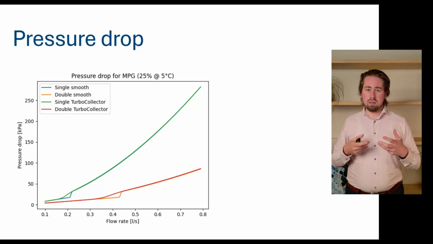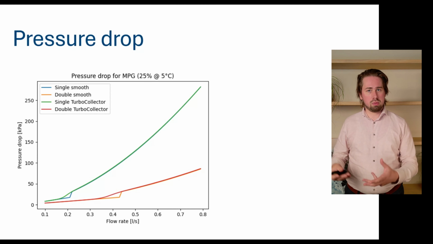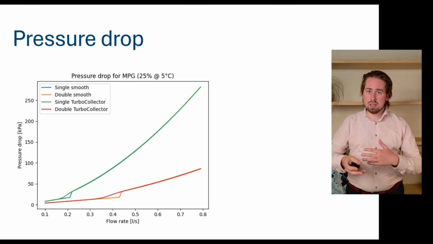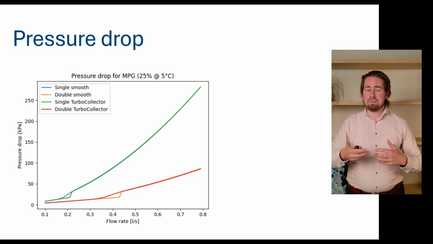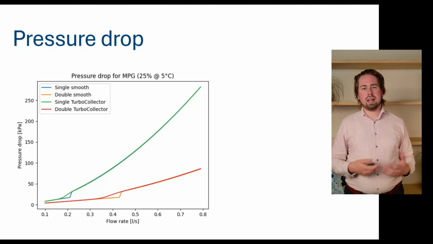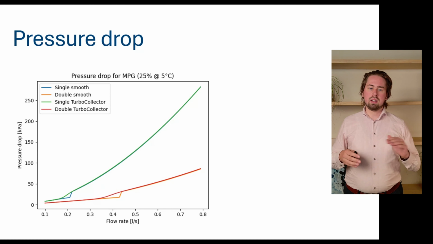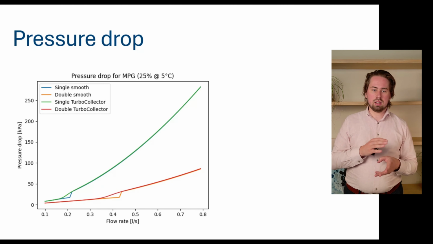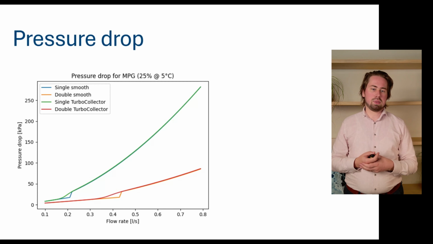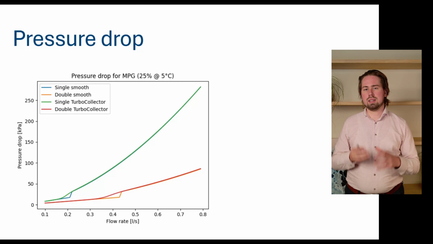And that's basically the price you pay for having better turbulence. Right? The fact that you have turbulence and better heat transfer, you have to pay for that with a higher pressure drop. So that's why you see this deviation at 0.35 liters per second for the double and, let's say, 0.16 or something like that liters per second for the single.